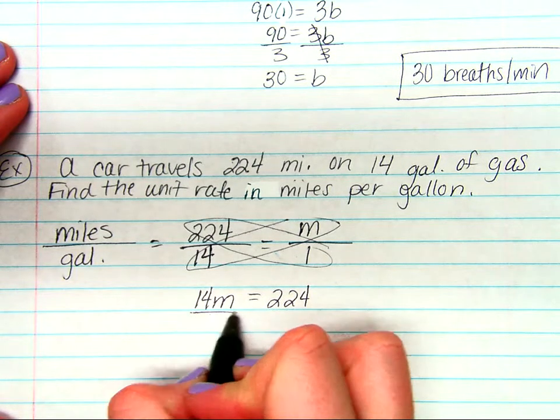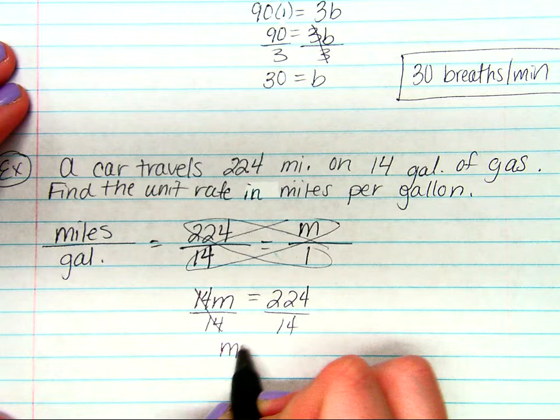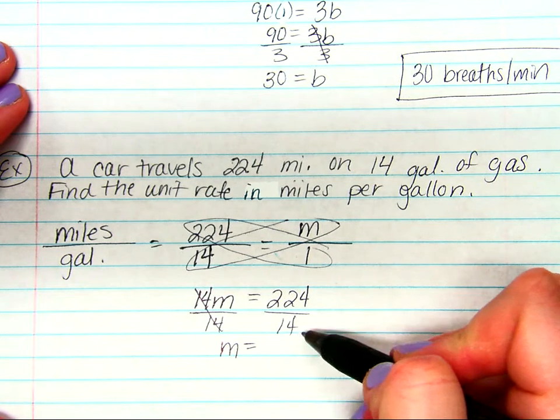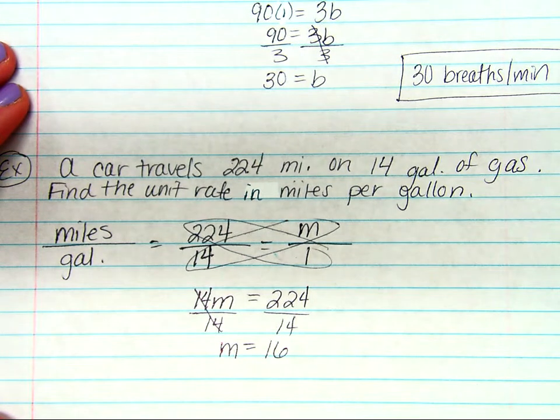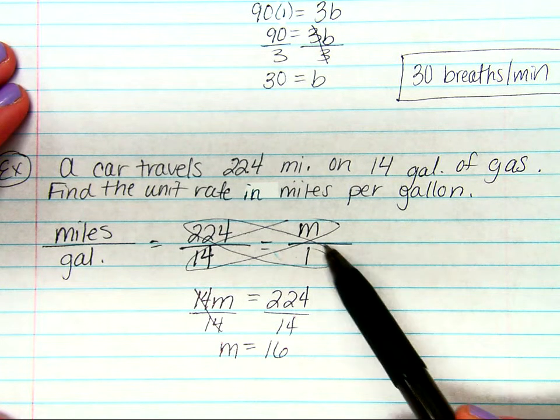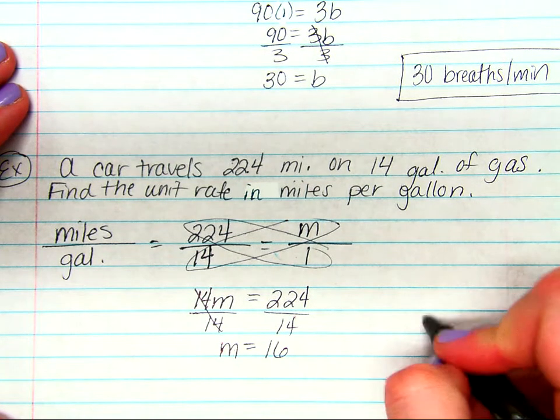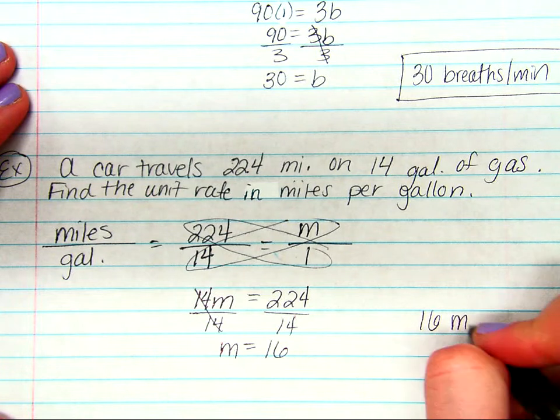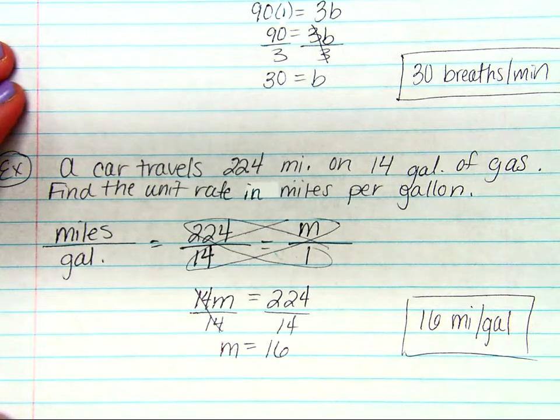Now if I divide both sides by 14, I get M equals 224 divided by 14 gives me 16. So that tells me per 1 gallon of gas, I can travel 16 miles with this car. So 16 miles per gallon is my unit rate. And I'm done.